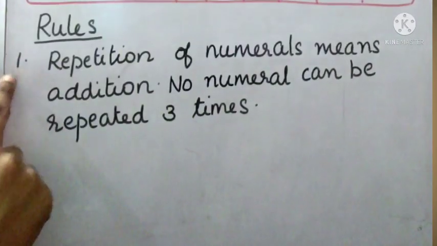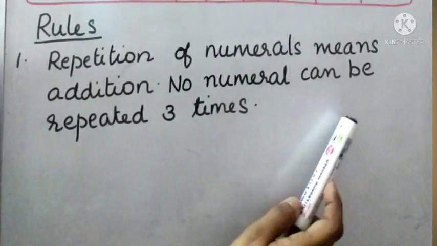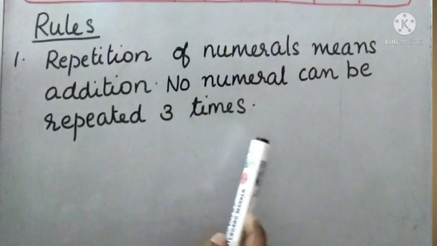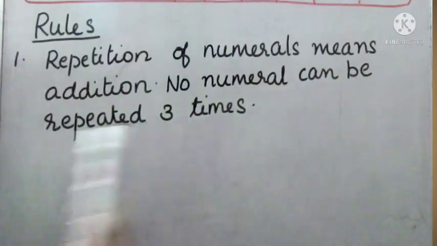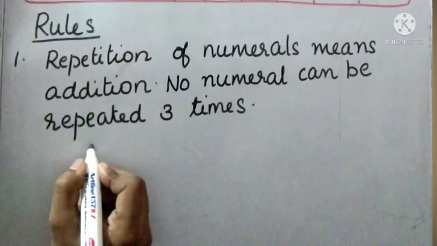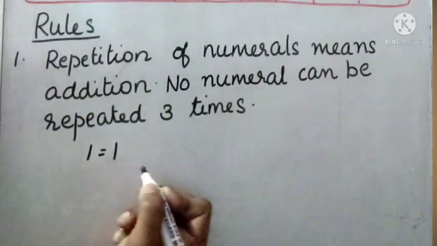Rule number 1: repetition of numerals means addition, and no numeral can be repeated 3 times. That is, we know I corresponds to the number 1.